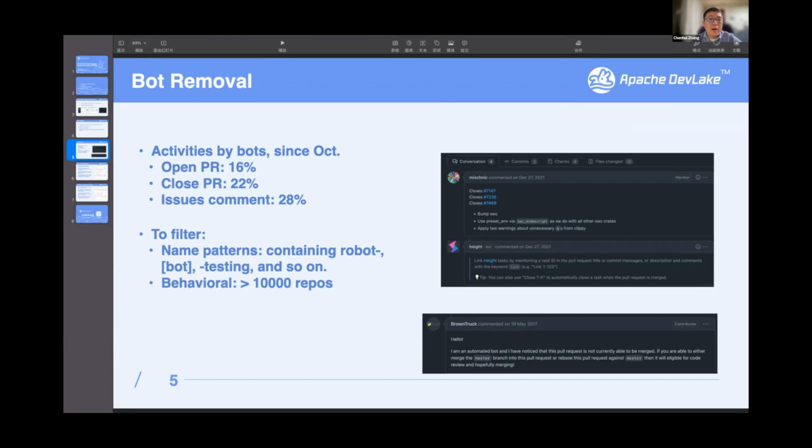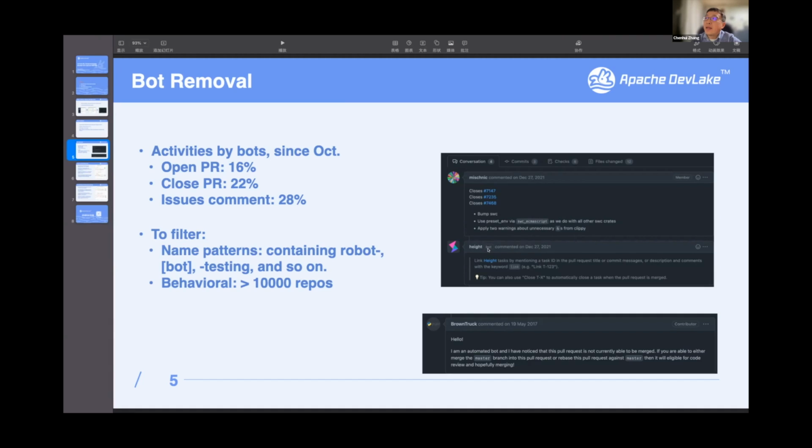Many bots bear telltale names like Dependabot, SonarCloud, CLA Assistant, GitHub Actions, and such like. Some even have a nice little bot tag attached, like this one, Height. See, Height here is a robot.